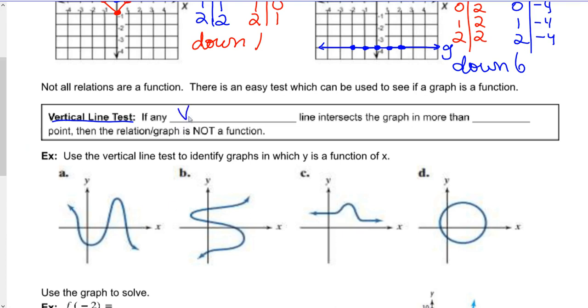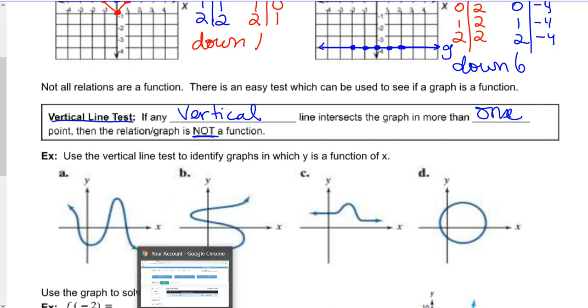And so the vertical line test says this: if any vertical line intersects the graph in more than one place or one point, then the relation or the graph is not a function. It can only intersect a vertical line in exactly one place for it to be a function.